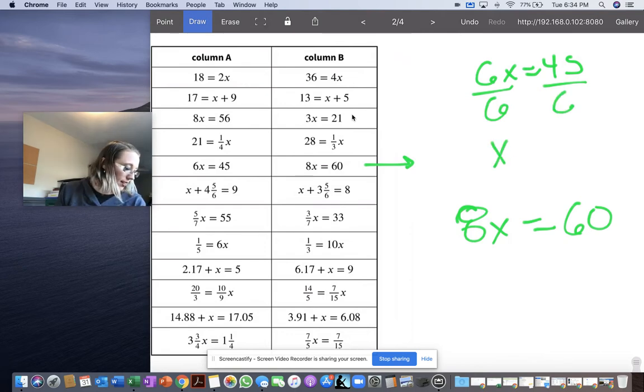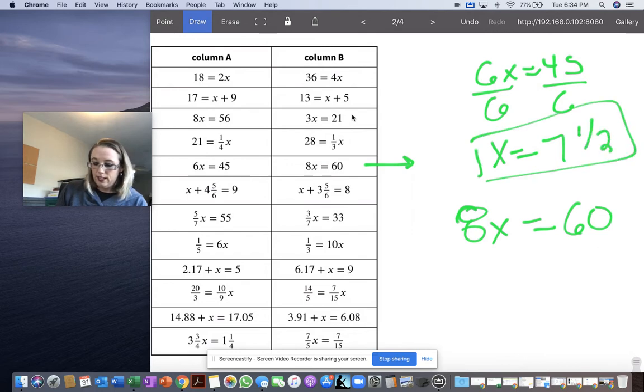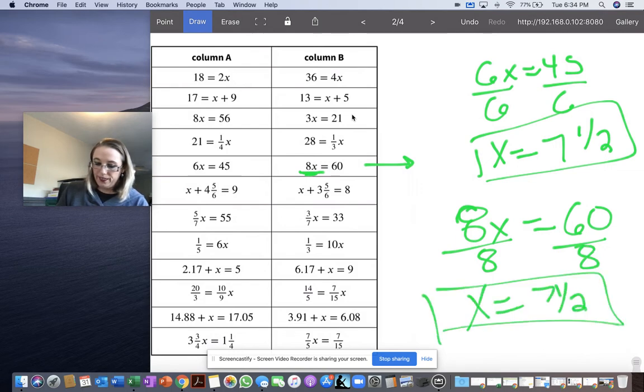So x equals 7.5. Next problem is the same. It is held by multiplication, so you need to divide by 8. Divide by 8. x is also going to equal 7.5. Okay, pause if you need to write that down. Going to erase.